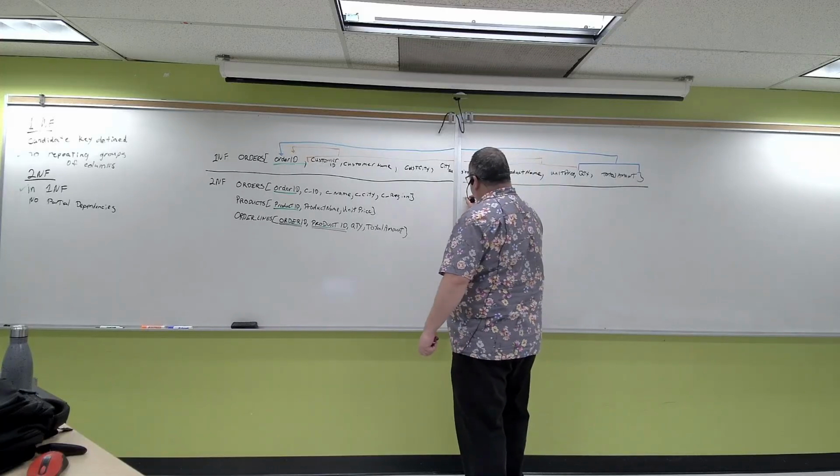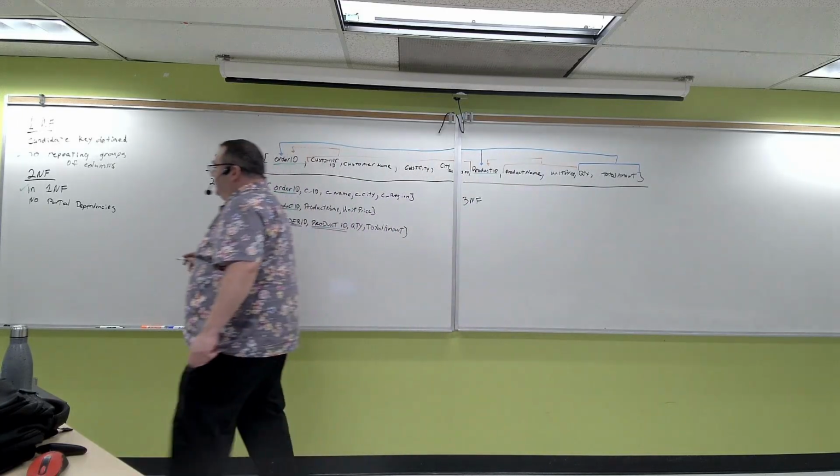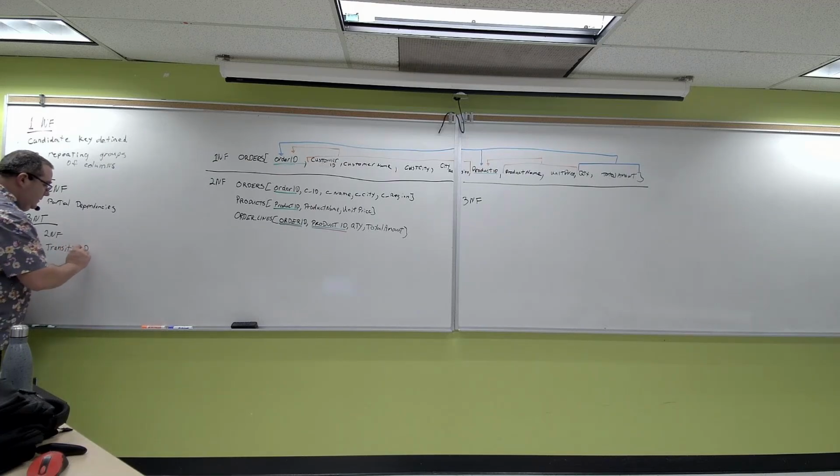3NF. All right, the definition of 3NF. Where's my green marker? We have partial dependencies, job done. We have to be in 2NF and no transitive dependencies.